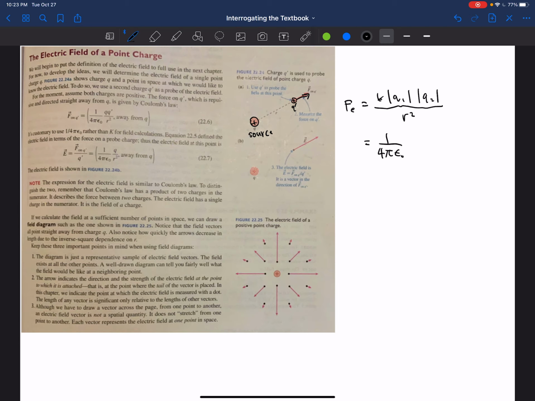And so that becomes this. And then we have the two charges, which is Q and Q prime, over r squared, which is this distance right here. Away from Q is the direction.